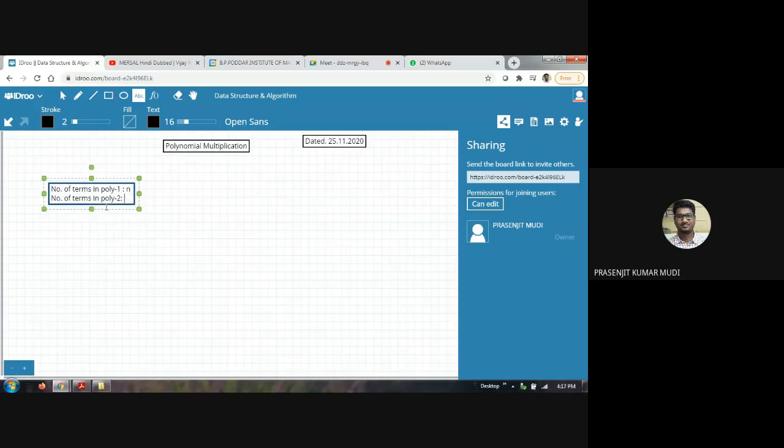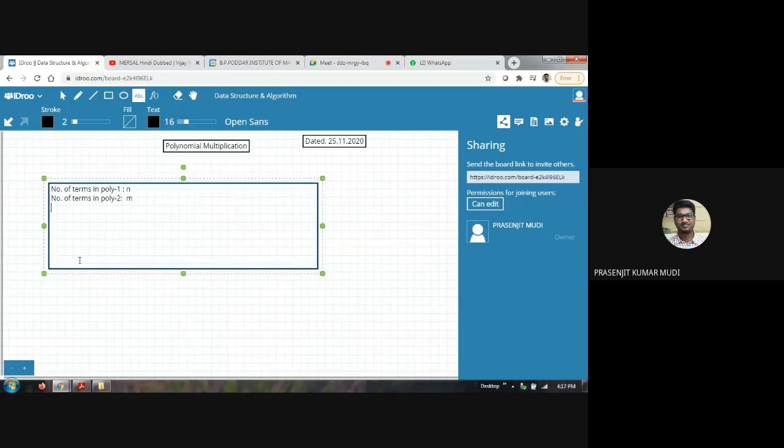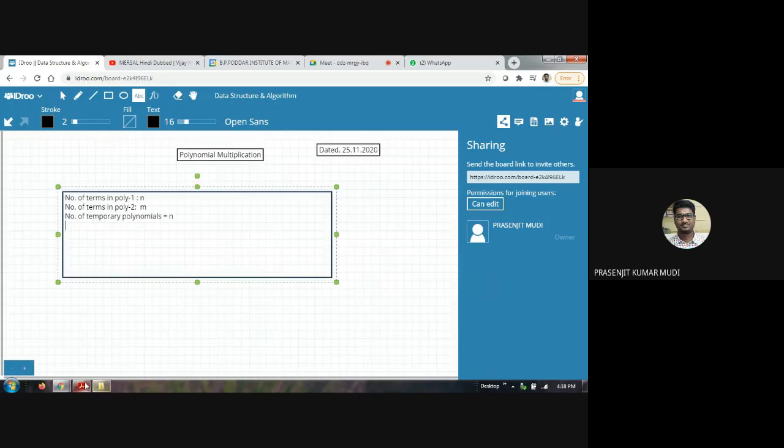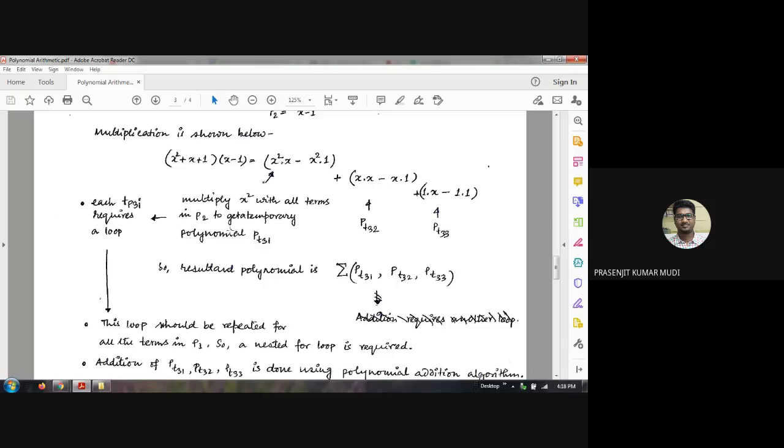Then I can say that the number of temporary polynomials is equal to n. Now let's understand this convention based on this example, and it can be further generalized.